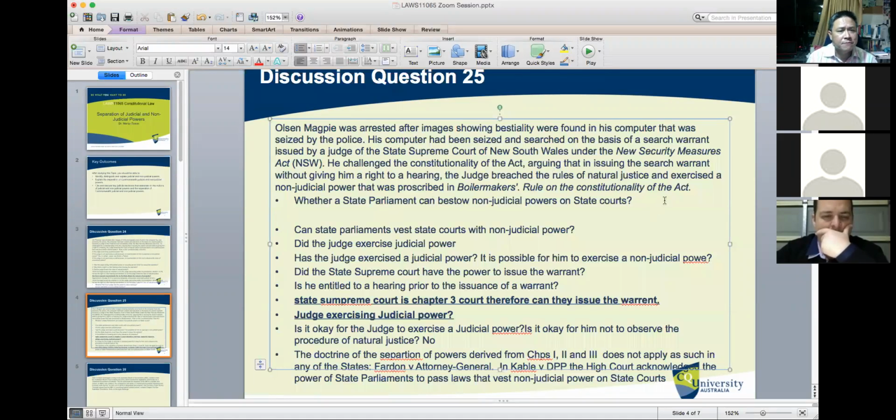And what's the answer here? So we're now moving beyond the identification of the legal issue. We're now going into the application, the statement of the legal rules or principles. Do we follow the same legal principles that we cited in answering discussion question 24? Or do we deal with a different set of legal principles or rules in answer to that specific legal issue?